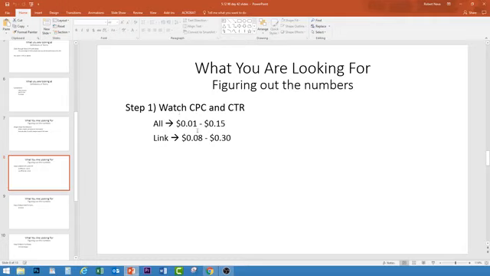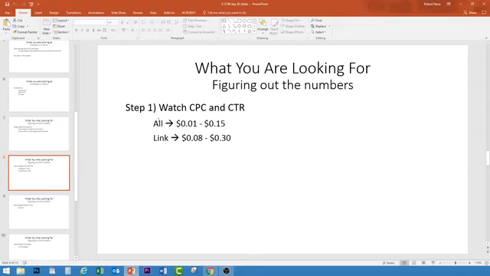When you look in your reporting, you're going to see you have maybe 5 clicks, and those clicks cost you 10 cents a piece. You spent 50 cents and you got 5 clicks and they cost you 10 cents a piece. So you have a cost associated with your click.